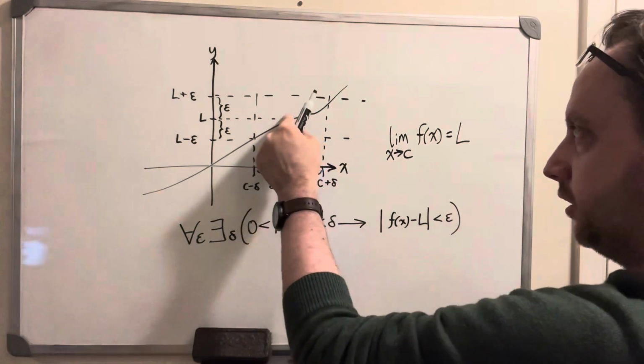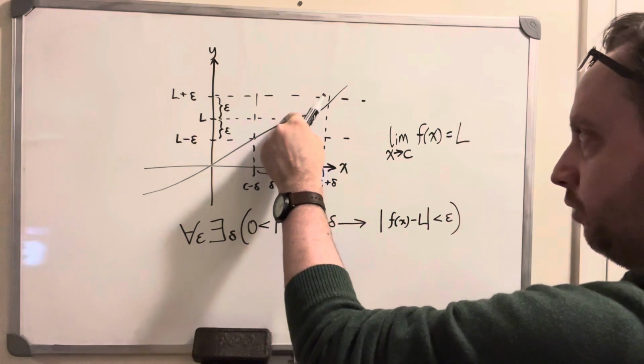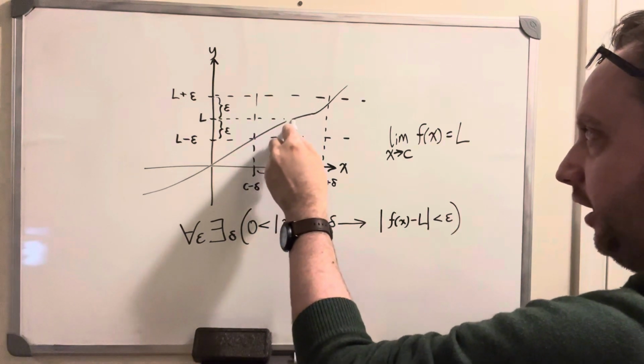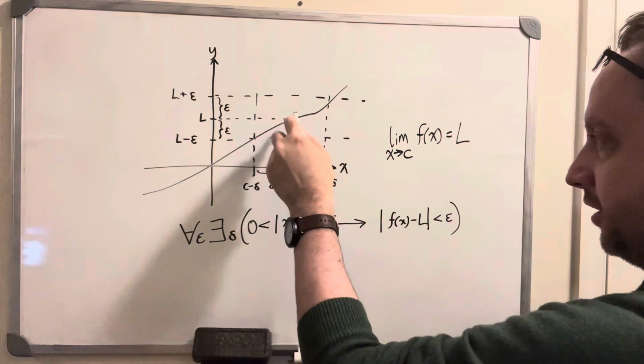So this function could have no value right at c, but we don't care about the value right at c.